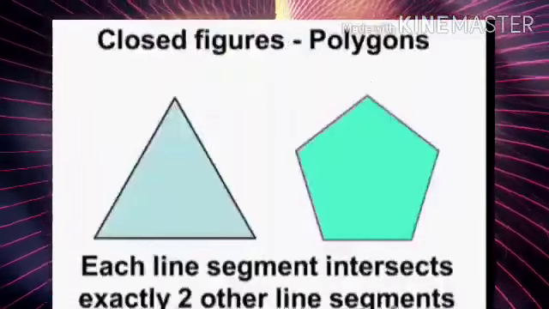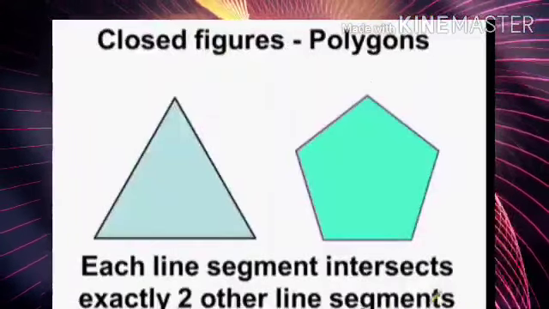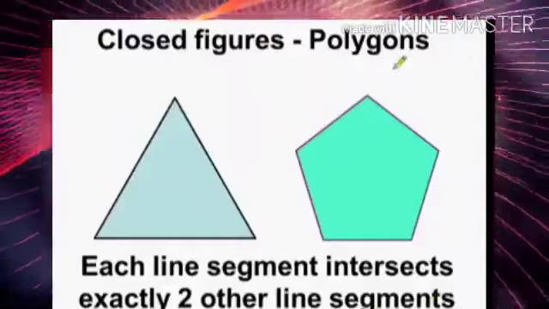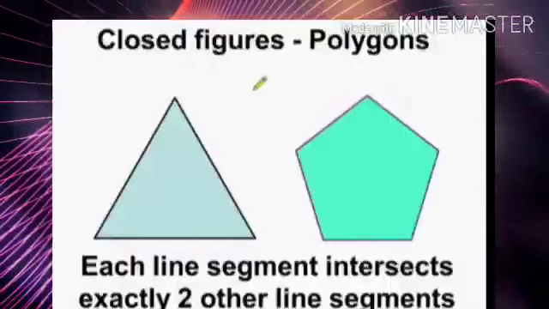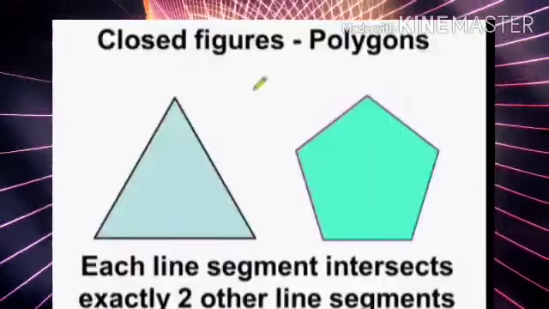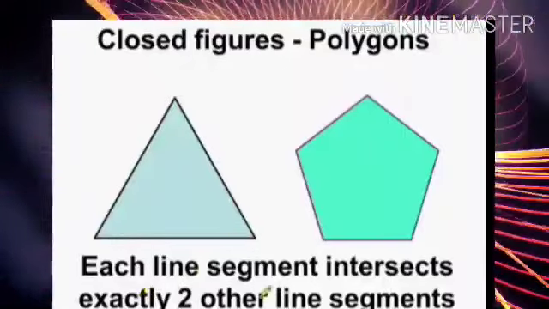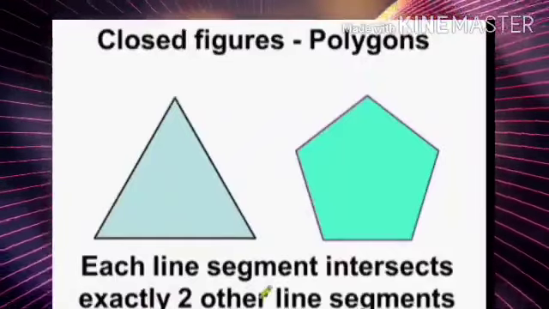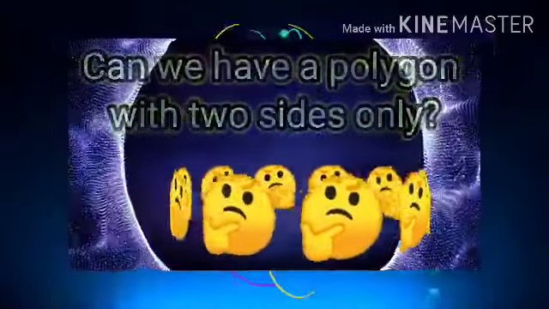So each line segment intersects exactly 2 other line segments. This is the main property of a polygon that you have to keep in mind, that a polygon should be a closed figure made up of line segments, and each line segment should intersect exactly 2 other line segments.